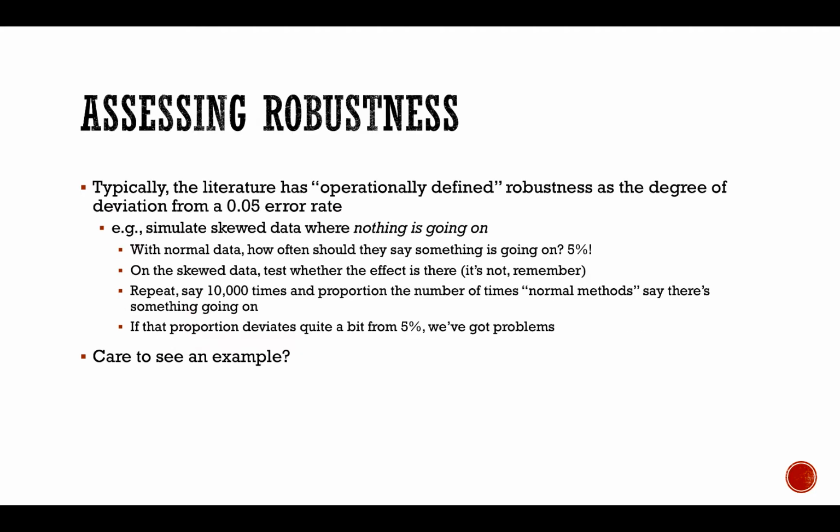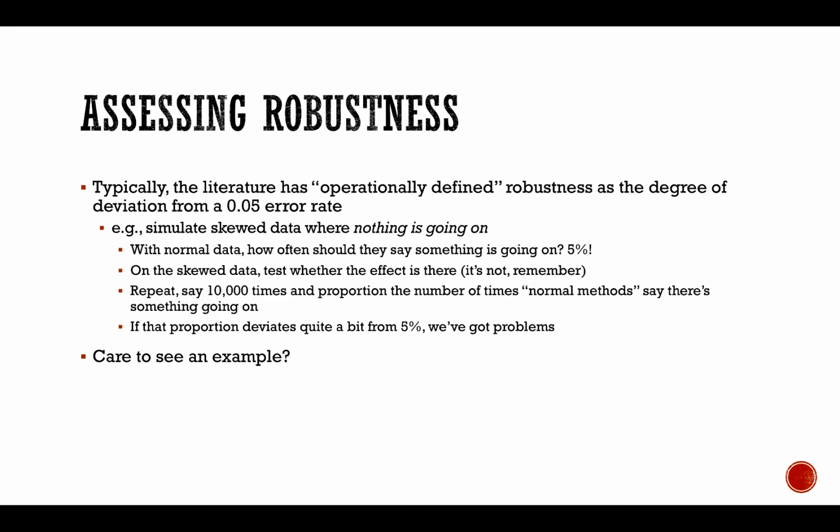So how do we assess robustness? Well, typically the literature has operational definitions of robustness, and they operationally define it as the degree to which we deviate from a 0.05 error rate. So, for example, we might simulate skewed data where nothing's going on. With normal data, how often will we say something's going on? Well, we say it 5% of the time if we set an alpha level of 0.05.